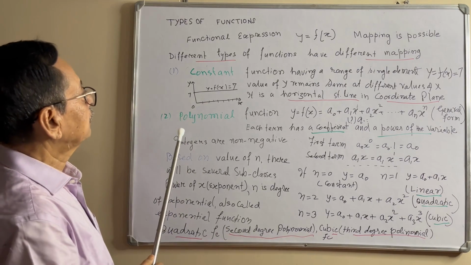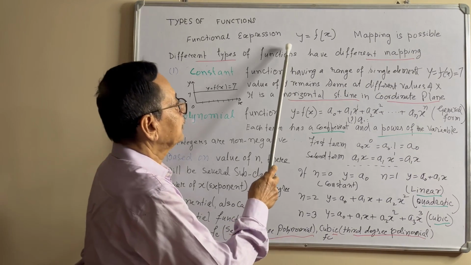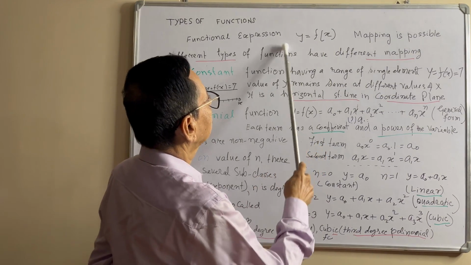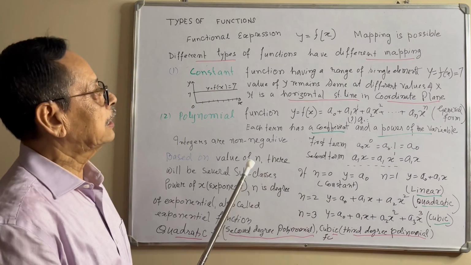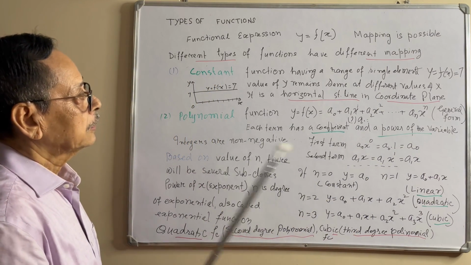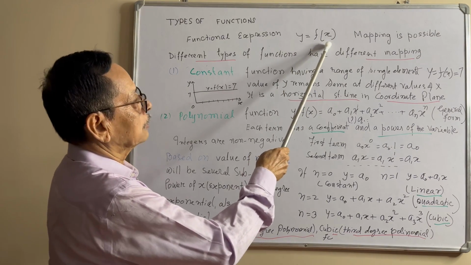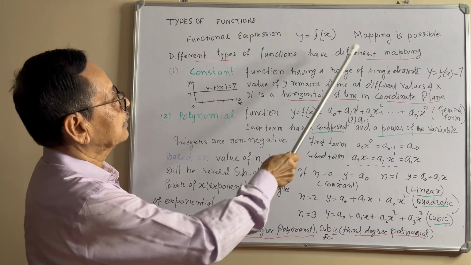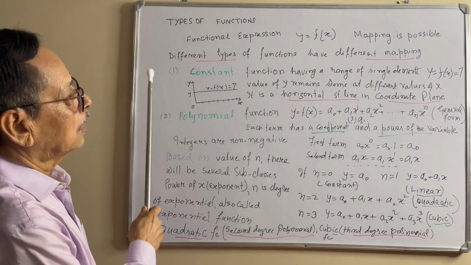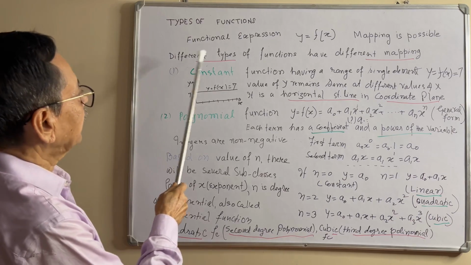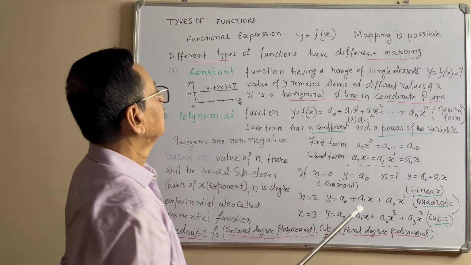So there are different types of functions, and with this functional form, mapping is possible, as we have discussed earlier. What is the mapping with ordered pairs? It is possible with these functions. So different types of functions have different mappings.